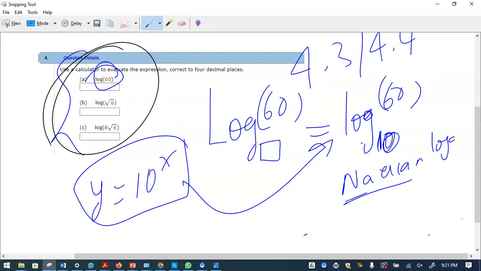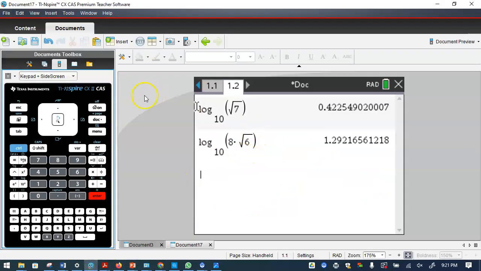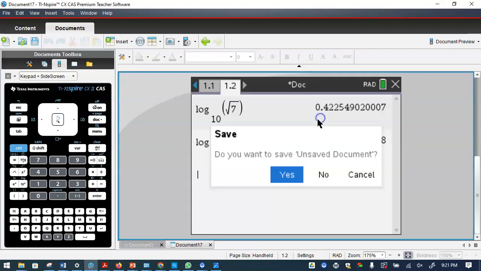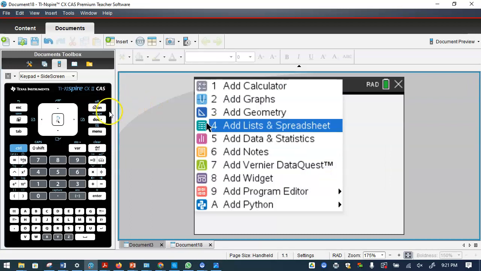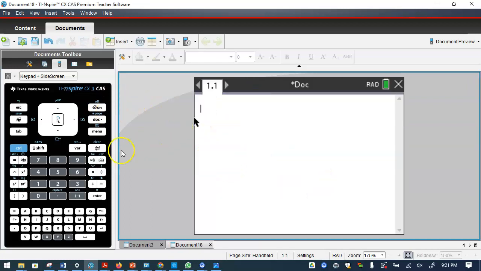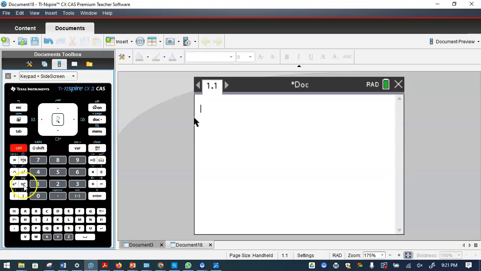Let me go straight to the Nspire calculator. Let me open a new document, click on the calculator, and here there is a log. If you want to use logarithm base 10, there's a control and log, but you still have to put 10 there even though it did not show.